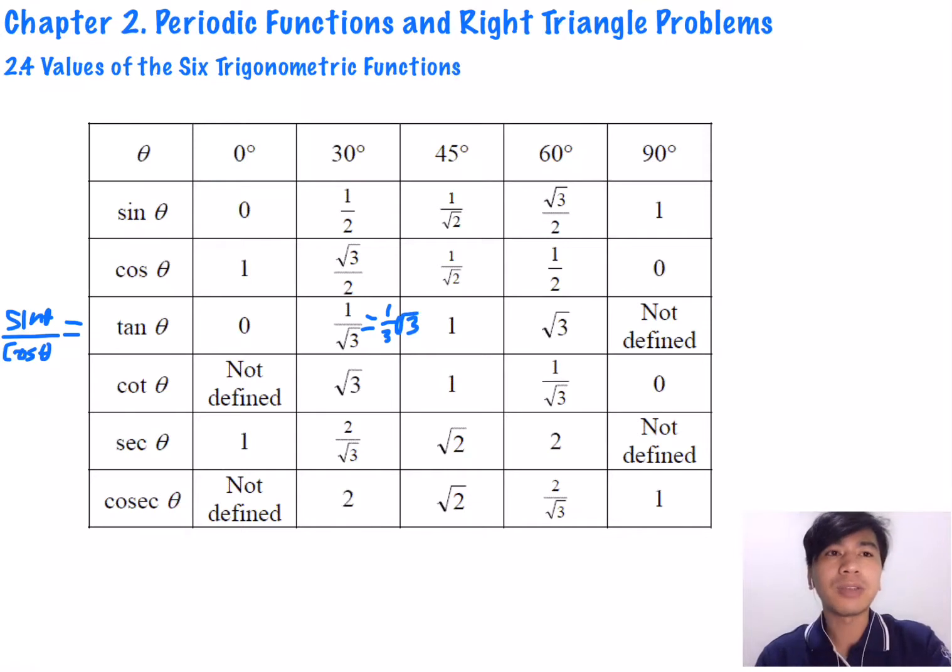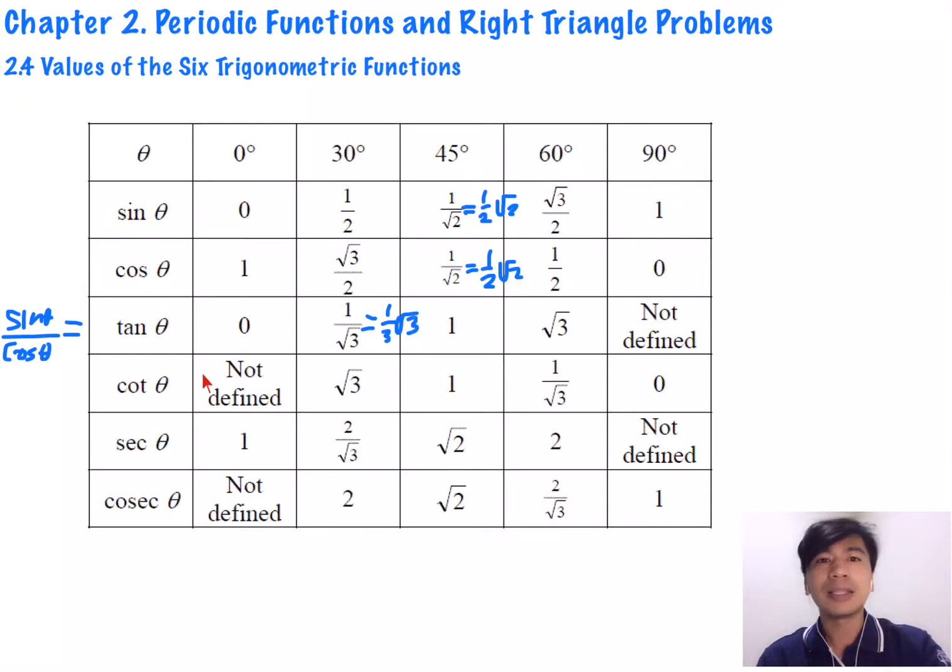And for 45 degrees, same. You get 1 over square root of 2 divided by 1 over square root of 2, which is equal to 1. Okay, and for 90 degrees, 1 divided by 0 is undefined.